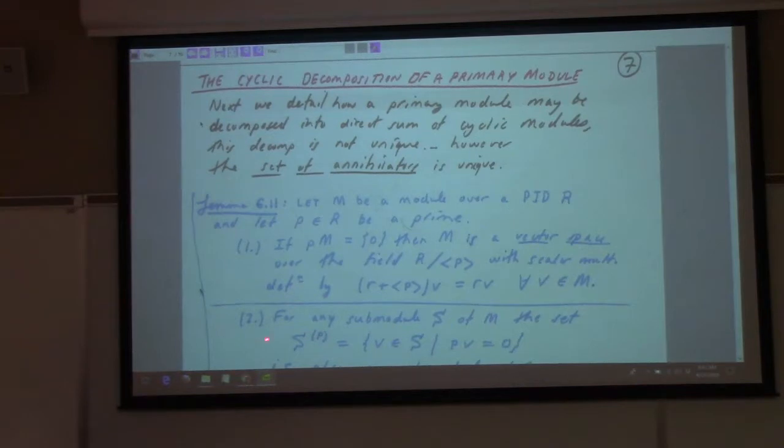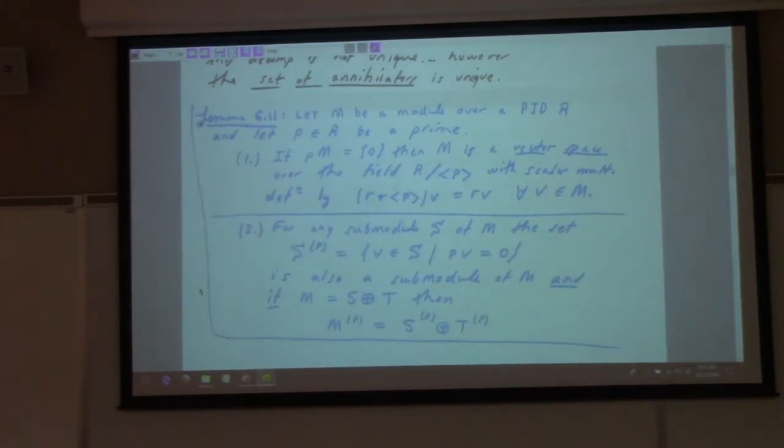And for any submodule S, the set S upper P, what does this mean? This is the set of vectors in S which are sent to 0 by P. That's also a submodule of M. And furthermore, it plays nice with direct sums in the sense that if M is the direct sum of S and T, then the set of things sent to 0 by P in M is the direct sum of the things sent to 0 by P in S and the things sent to 0 by P in T. You can pretty much see at least the sum part of it.